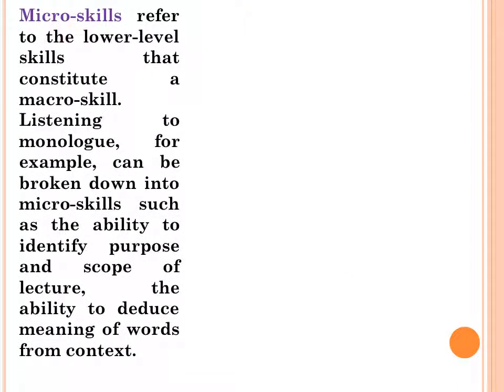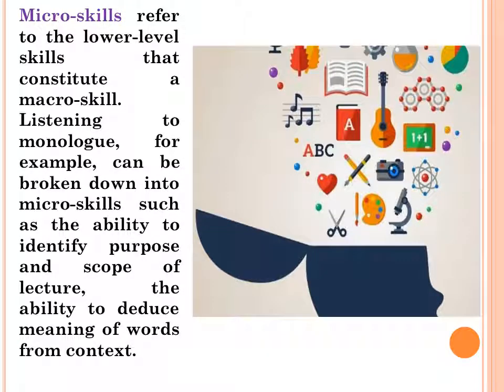Micro skills refer to the lower level skills that constitute a macro skill. Listening to a monologue, for example, can be broken down into such things as our ability to identify the purpose and scope of a lecture, the ability to deduce the meaning of words from context. For example, in multiple intelligences, it's very important to use the alphabet for reading, different skills in the brain.